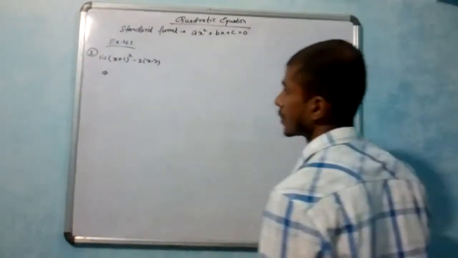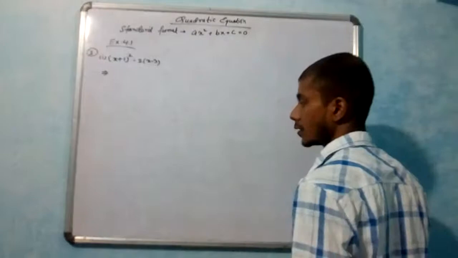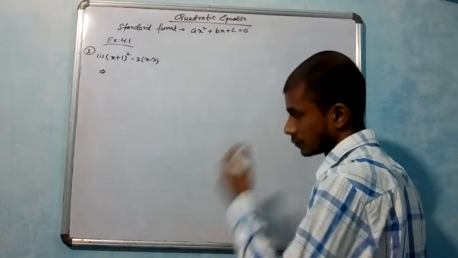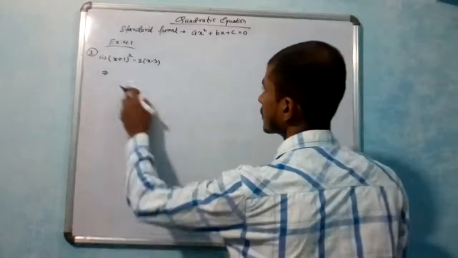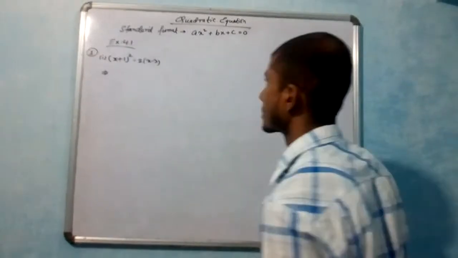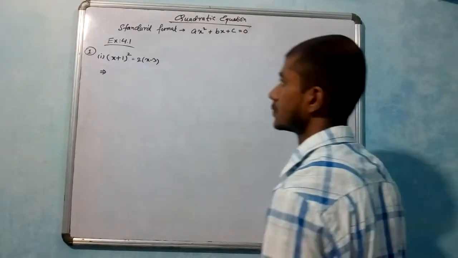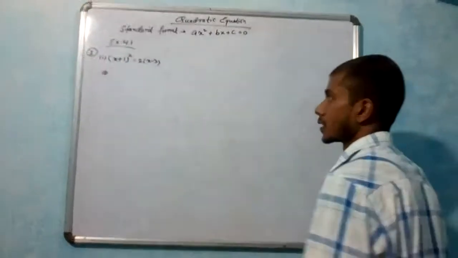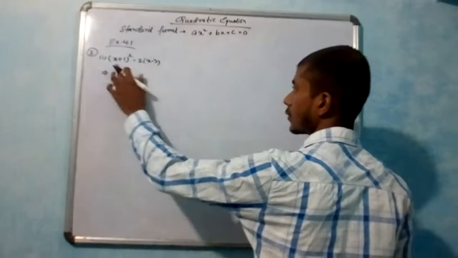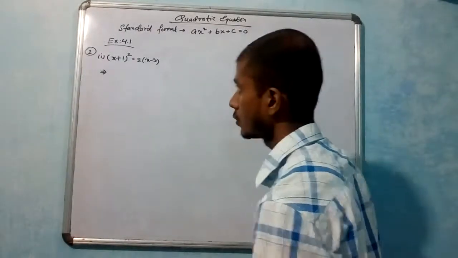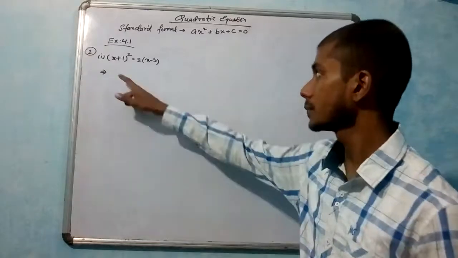Yes, I will remove the bracket on the right hand side. What to do on the left hand side? It is x plus 1 the whole square.